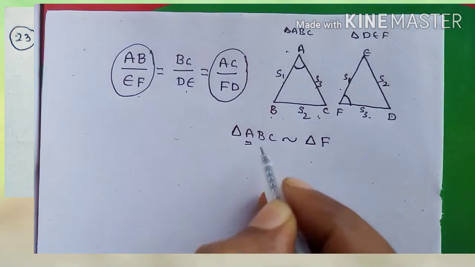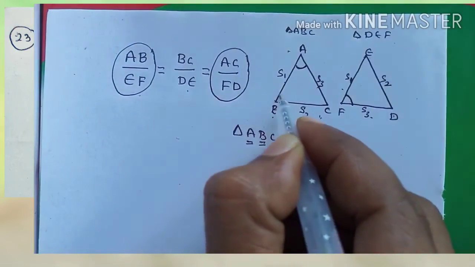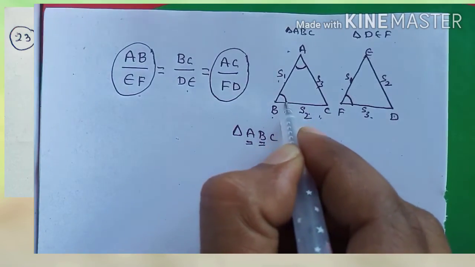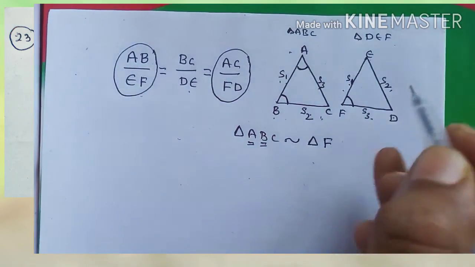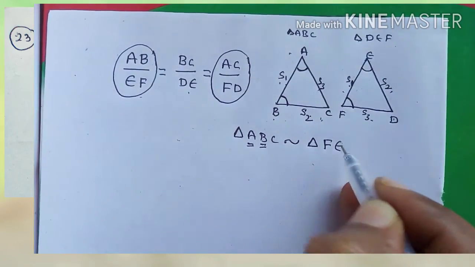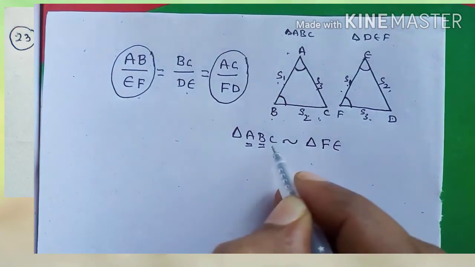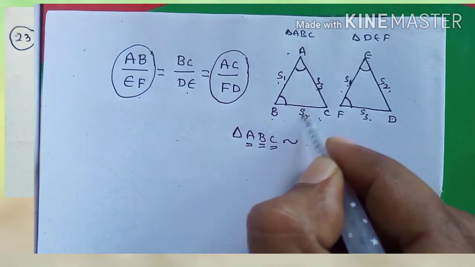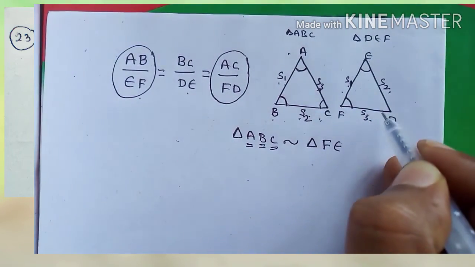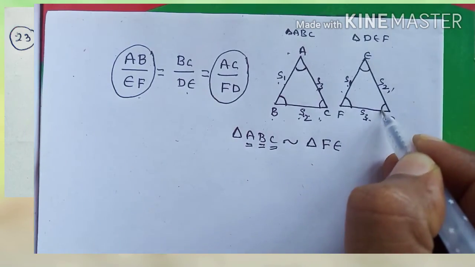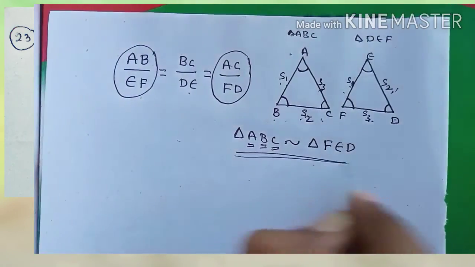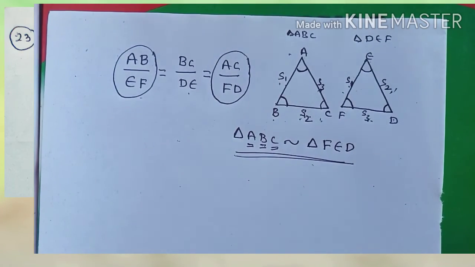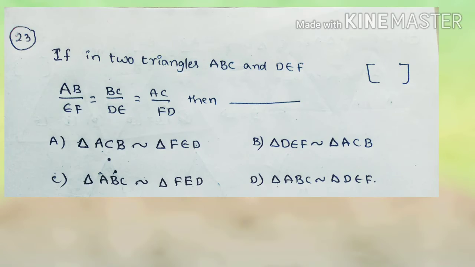So F. Now angle B is between side 1 and side 2, so side 1 and side 2 have angle E. Next, the third one, angle C is between side 2 and side 3, so side 2 and side 3 have angle D. So triangle ABC is similar to triangle FED. Option C is correct. Note down the problem, then go for the next one.